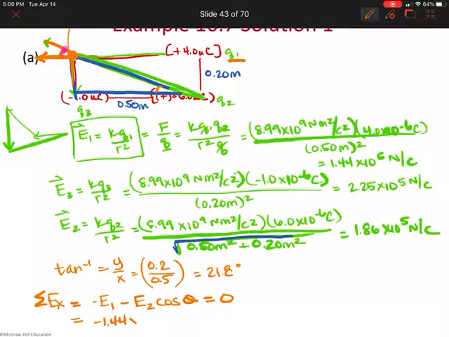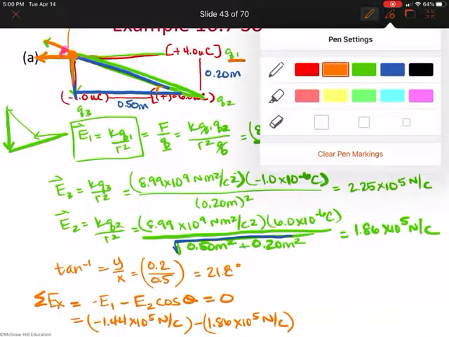So now you really just need to plug in. So you've got negative 1.44 times 10 to the 5th newtons per coulomb minus 1.86 times 10 to the 5th newtons per coulomb. And you should get a total, oh wait, what did I do there?